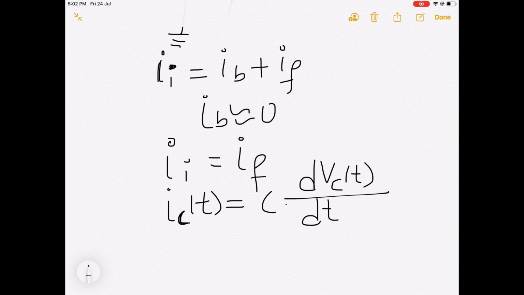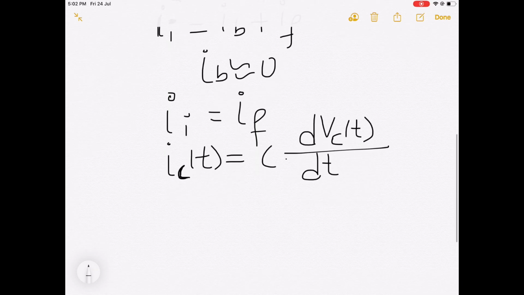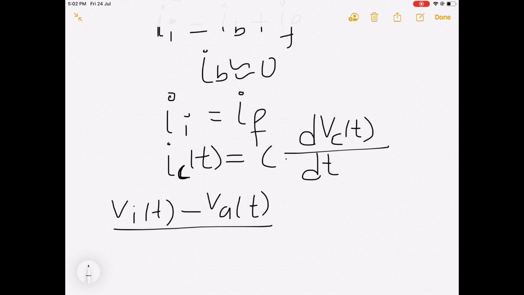Okay. So therefore we can write like this: Vi of t minus Va of t divided by R1 is equal to Cf d by dt of Vc of t, feedback capacitor, where Vc of t means the voltage across the capacitor.